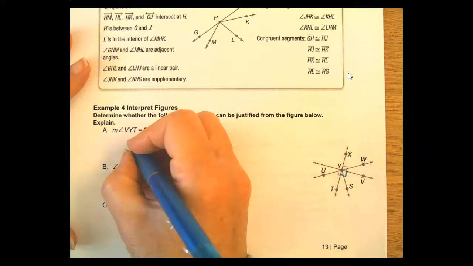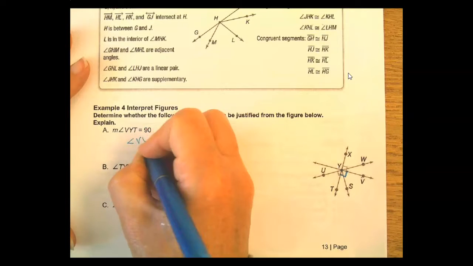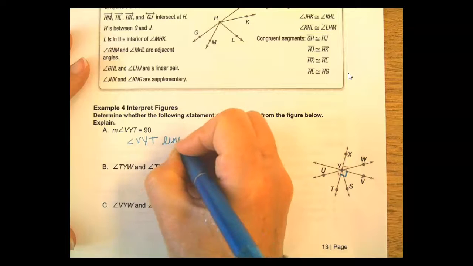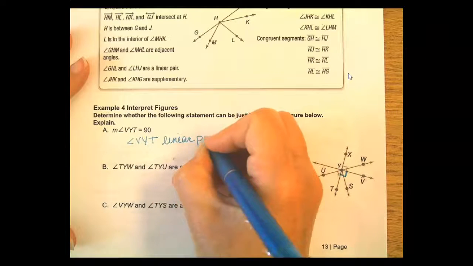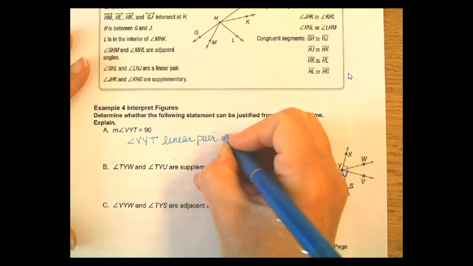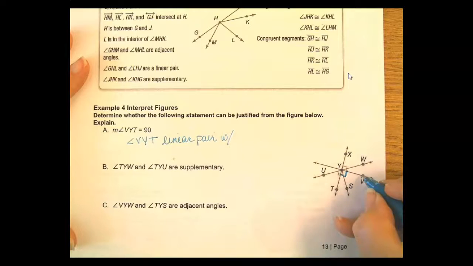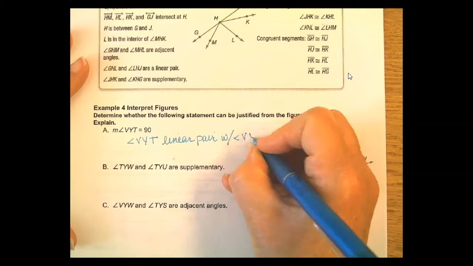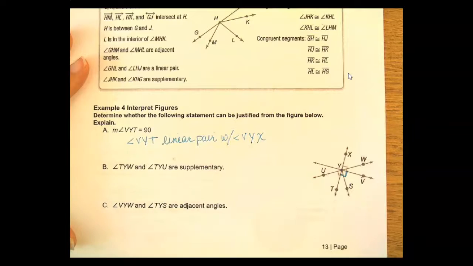Let's say because angle VYT is a linear pair with VYX. Okay, questions on that one?